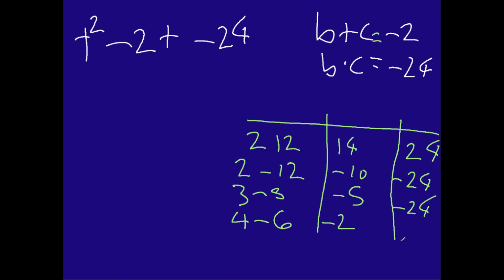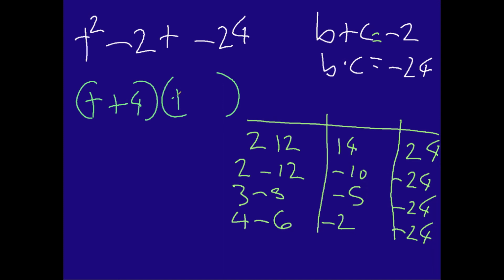All right, that's good. And 4 times negative 6 is going to be negative 24. So we now have our two factors. So I make my little parentheses here, and I put t plus 4 because it's a positive 4, and t minus 6. And you can work out all the steps for this on your own time, but you can see that this works.